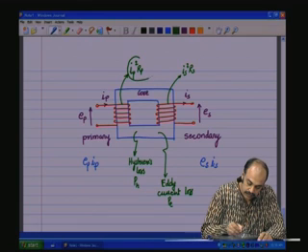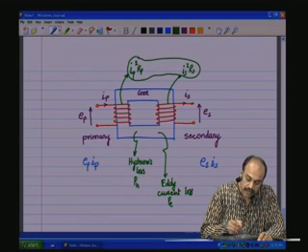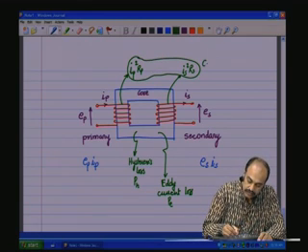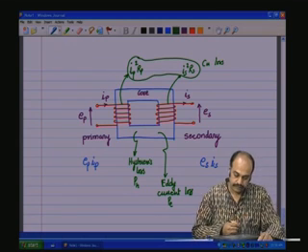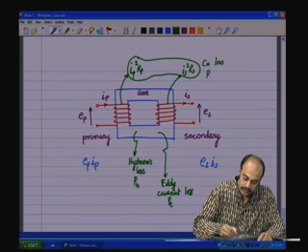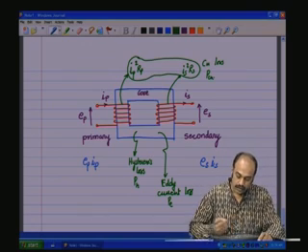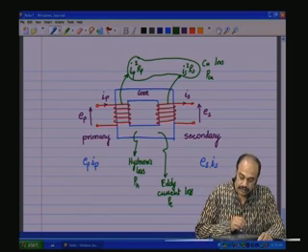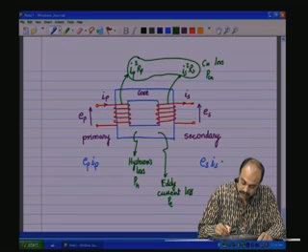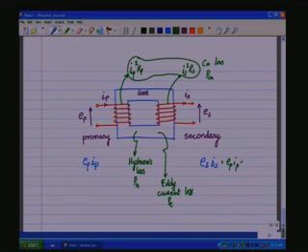Now, this occurs in the copper, and that is called the copper loss, PCU. So, what occurs at the secondary ES will be the primary power minus these losses, which would be PH, PE and PCU.